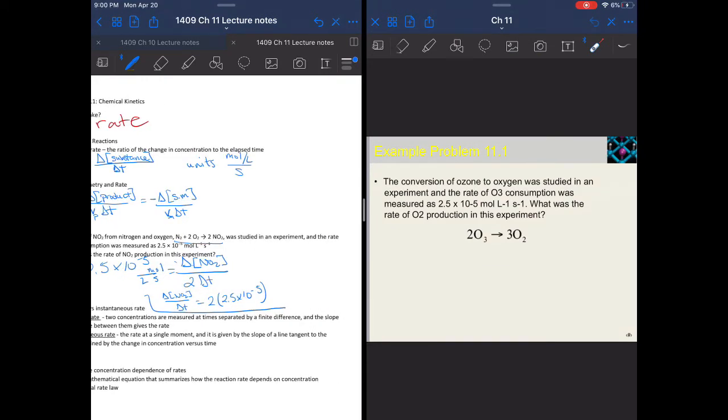And so the rate, if we're just concentrating on the product here, is going to be 5.0 times 10 to the negative fifth moles per liter per second.